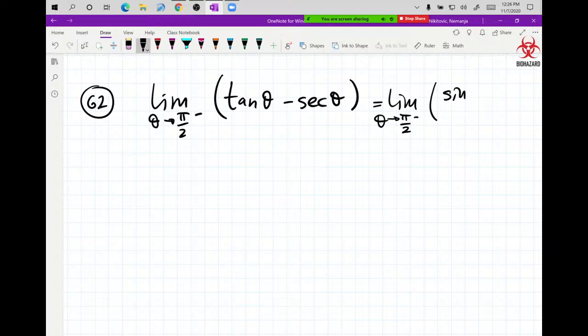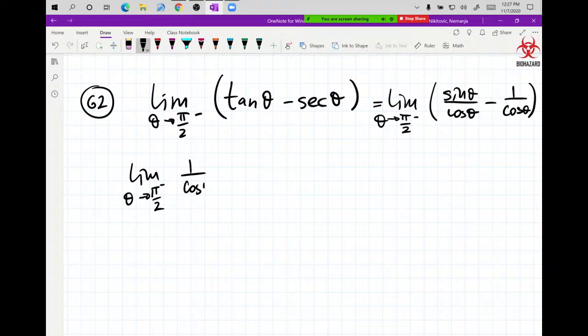So tangent is sine theta over cosine theta, and secant is 1 over cosine theta. So we can factor out 1 over cosine theta, and we are left with sine theta minus 1 in parentheses.